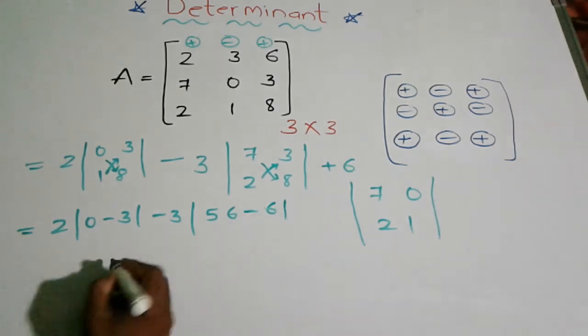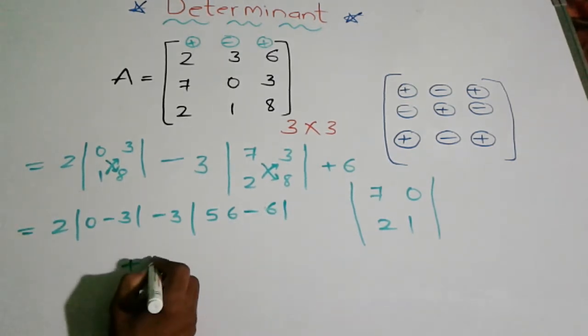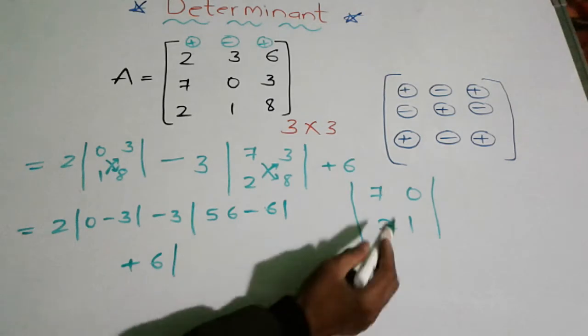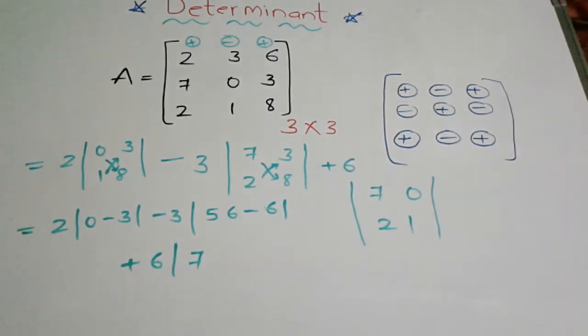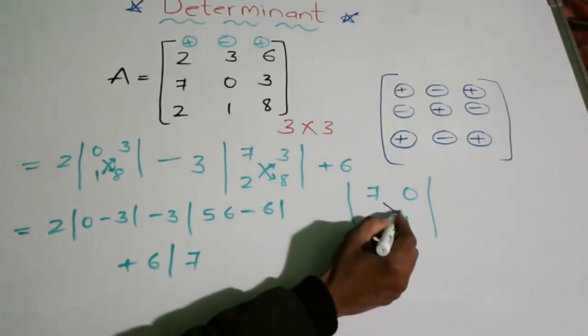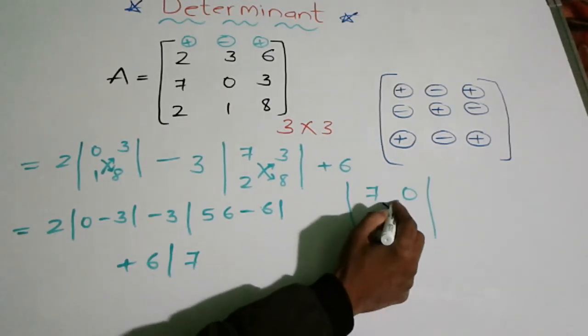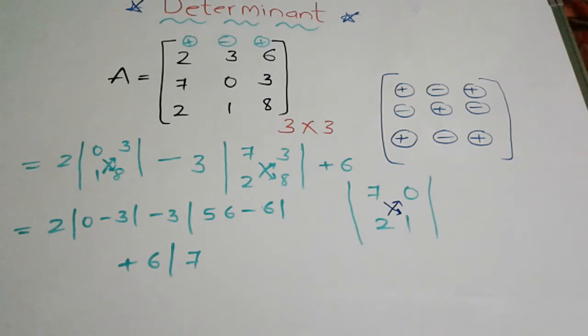And then plus 6 multiplied with 7 1s are, by calculating in this way and minus this one.